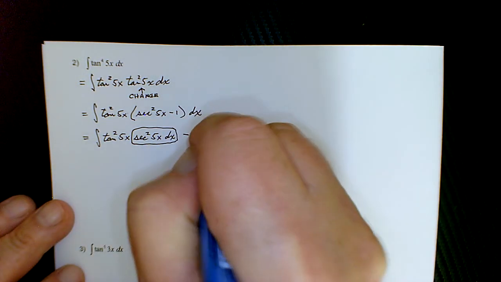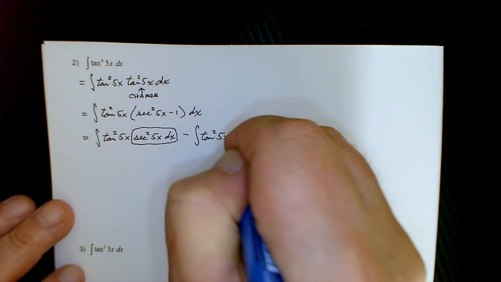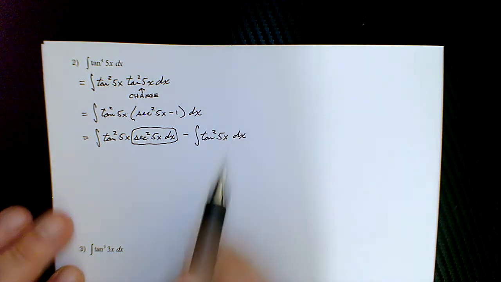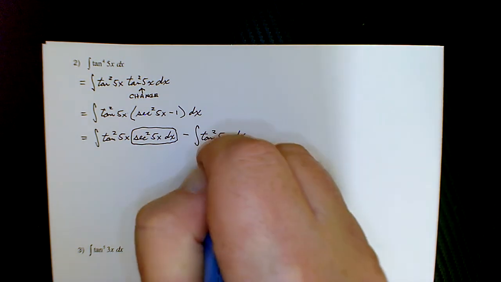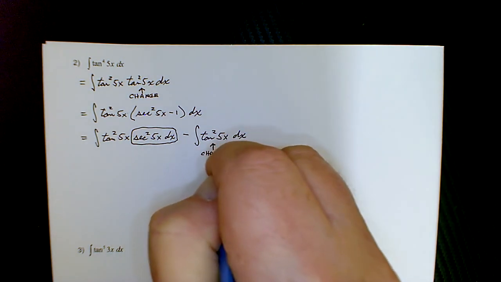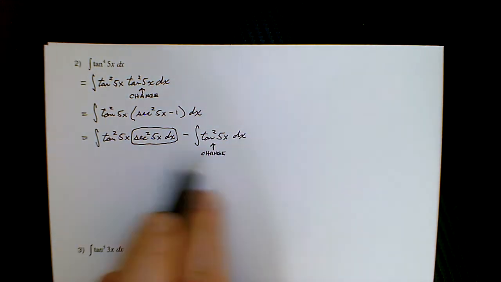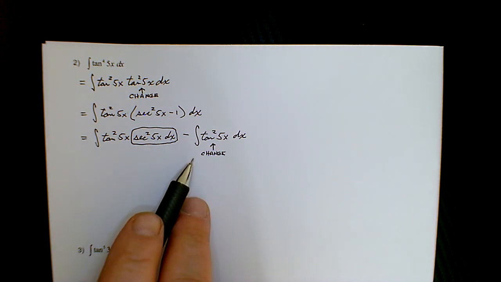And then minus the integral of tangent squared of 5x. So it looks like here we'll have to use the identity again. Going to change that. Because that's exactly like the previous question we had.